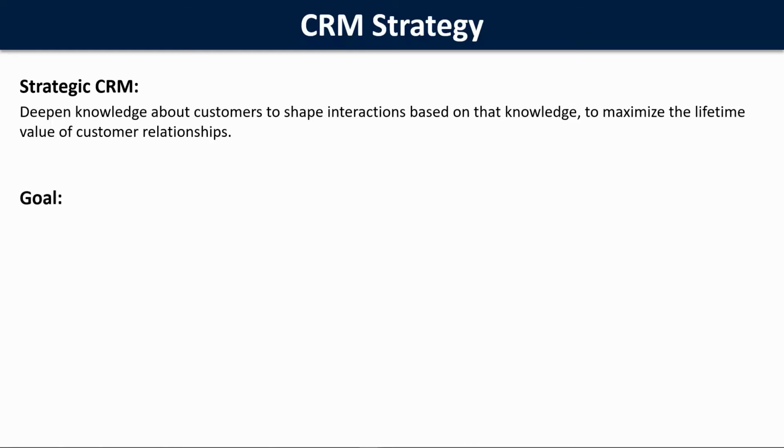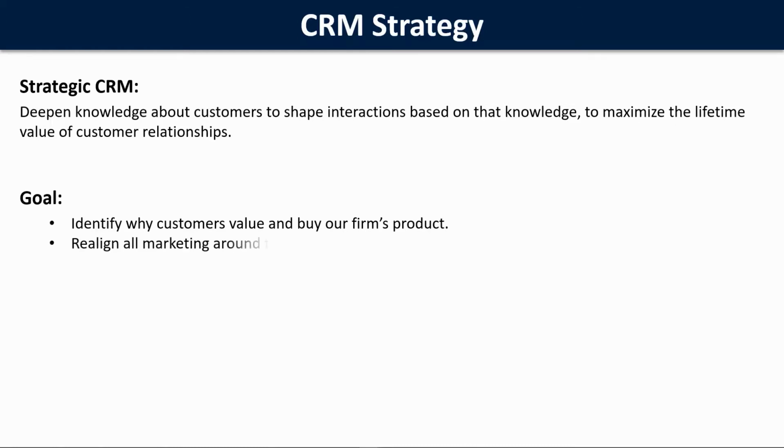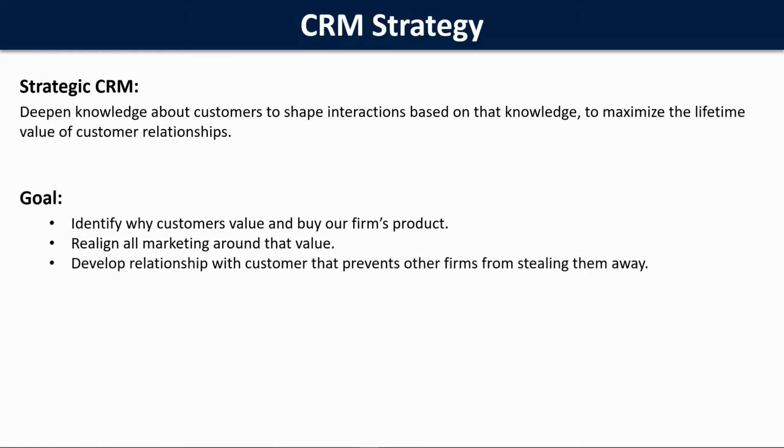The idea is that if we can understand some key knowledge about why our customers are buying our product and we can then deliver that value to them to align all of our messaging around how we're providing that value to them, then there's no reason why they would be going elsewhere, because we'd be developing that relationship and providing that source of value for them in a way that it's very hard for another organization to step in and disrupt the relationship between our customer and our business.